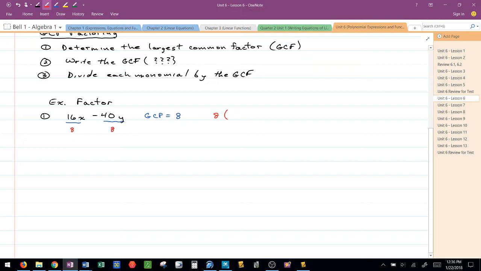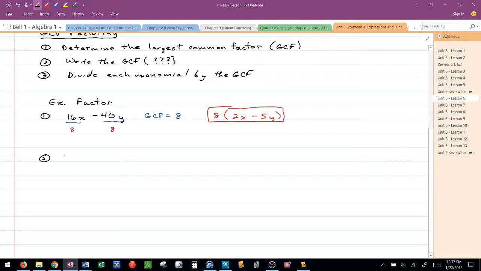The results go in the parentheses. 16x divided by 8 would be 2x. Minus 40y divided by 8 would be minus 5y. This is known as the factorization of 16x minus 40y. A quick, easy way to check it: distribute. If you distribute it back in, you should get what you started with.